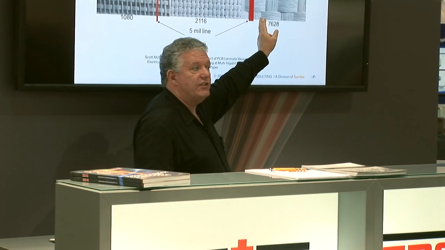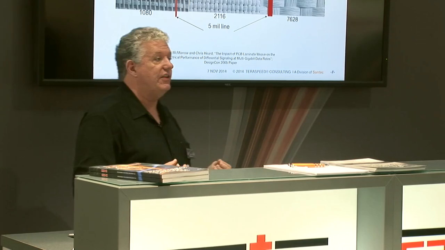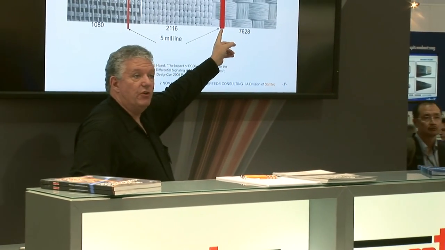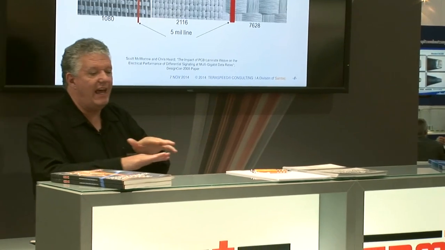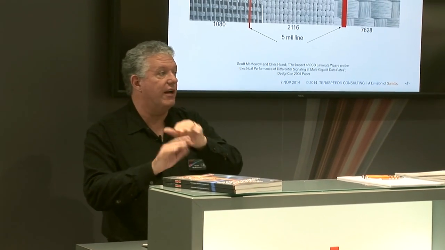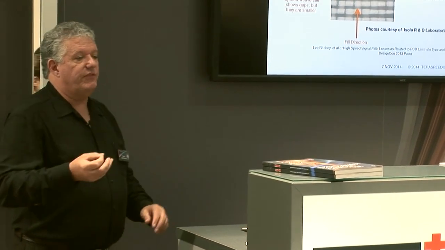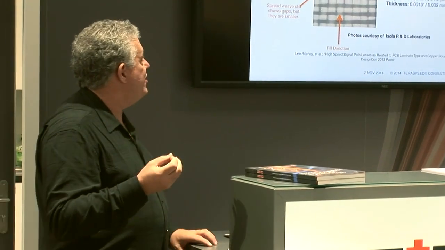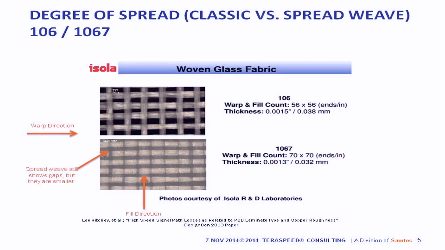Unfortunately, you can see the size of the fibers is very huge when compared to the actual size of a 5 mil trace, a typical trace on a printed circuit board. So where that trace lands on top of the fiber changes the dielectric and the electronic properties. Because of these variations of the fiber weaves, you can see that with this 106 material, it's a very thin glass.